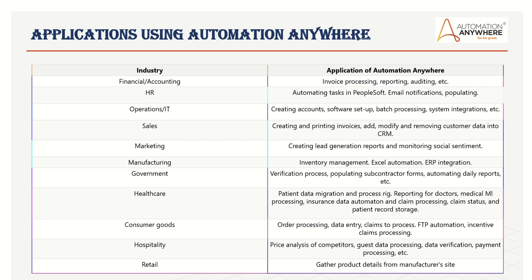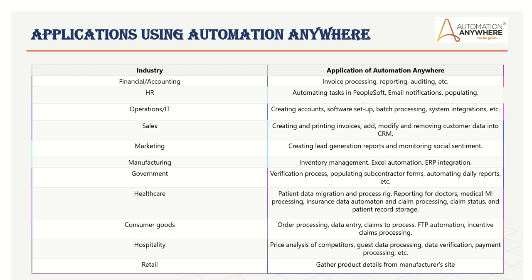Reporting and auditing. HR is again email notifications, salary, any kind of claims, reimbursement. Operations IT will create accounts, batch processing, system generating.